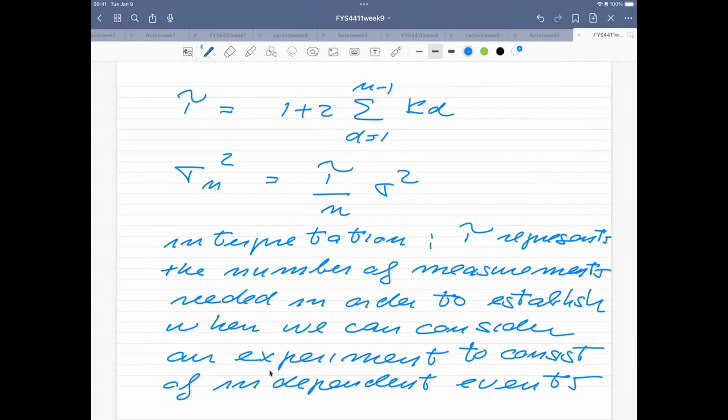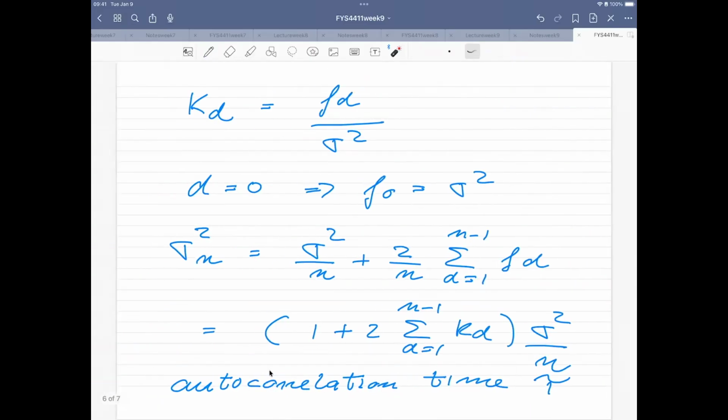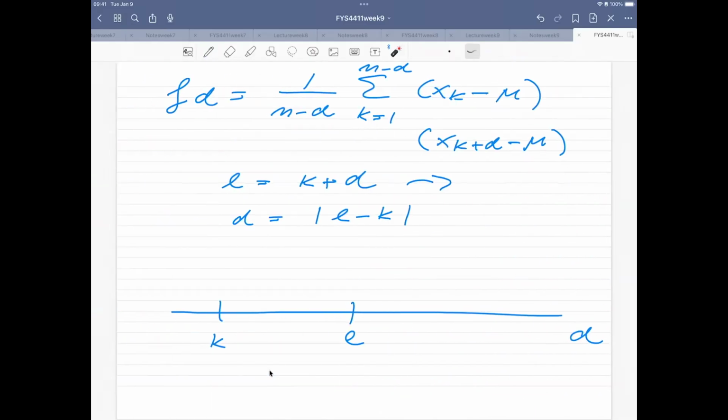So you can actually show that if you now want to interpret this d as some kind of time, because the way you can think of it is that you make a measurement at a time k, and you're actually doing that when you're running your Monte Carlo calculation. You could think that at every Monte Carlo step you do, you could think of that as a time step.